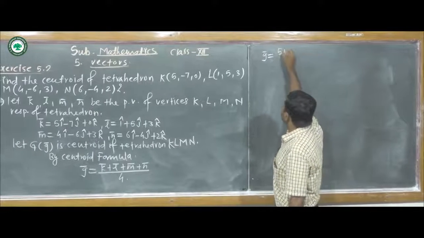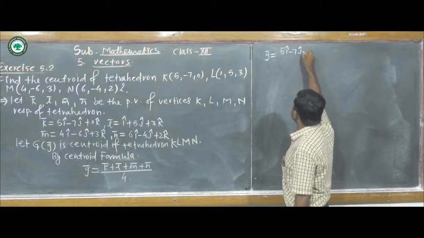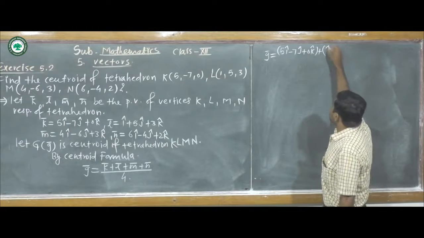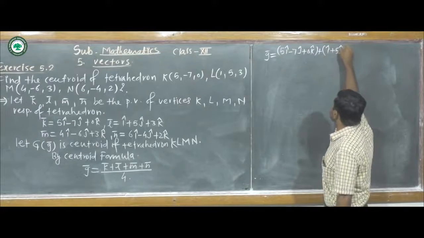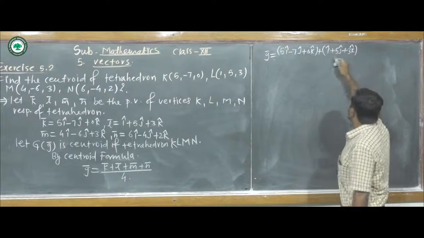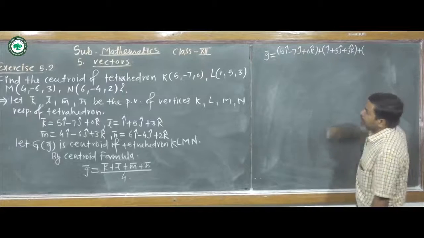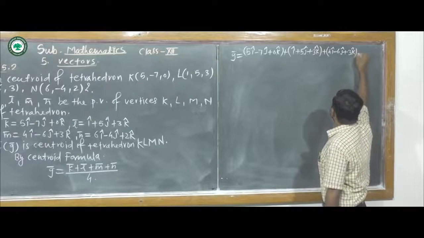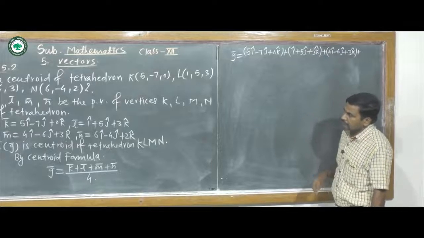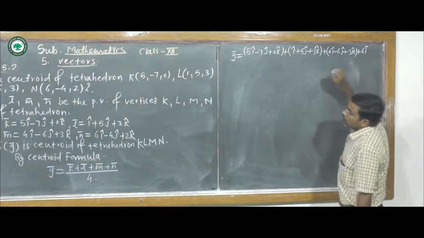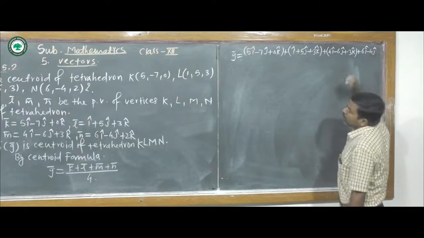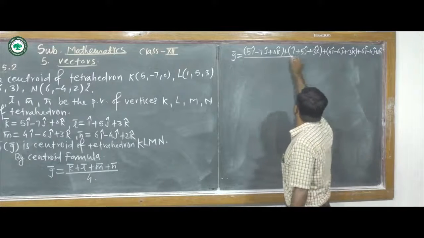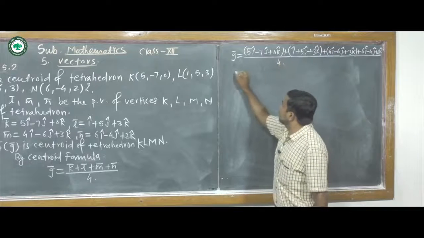What is k bar? 5i cap minus 7j cap plus 0k cap, plus l bar, that is i cap plus 5j cap plus 3k cap, then plus m bar is 4i cap minus 6j cap plus 3k cap, plus small n bar, that is 6i cap minus 4j cap plus 2k cap, divided by 4.